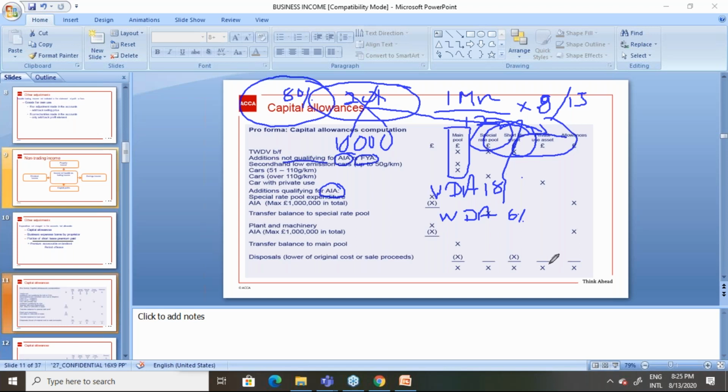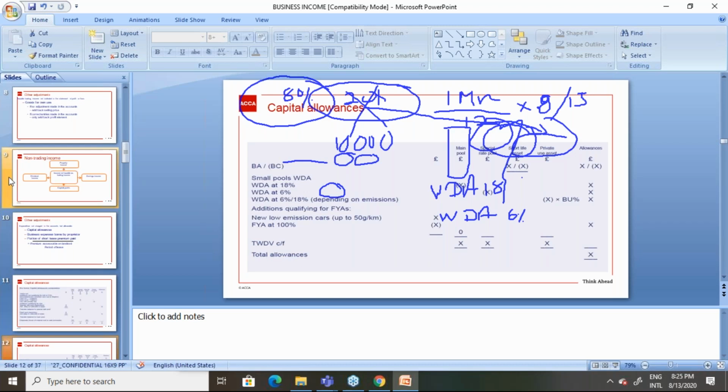On private use assets, you calculate the capital allowance in the normal way, but from that, only 80% you can claim, only the business use element you can claim as capital allowances. Okay, so it's an important computation that you need to go through.